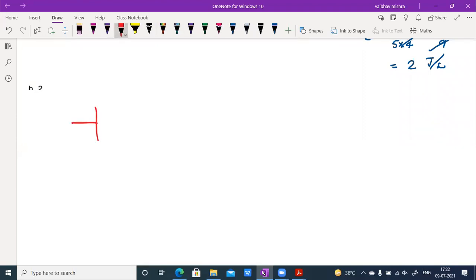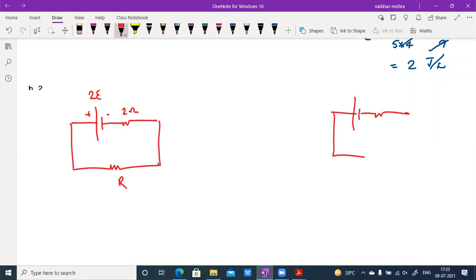First case is when the two cells are connected in series, EMF हो गया 2 times E. इसका internal resistance हो गया 2 ohm and resistance is R. Second case, when they are connected in parallel, EMF E, internal resistance becomes 0.5 ohm and R. We'll find the current I1 and I2.